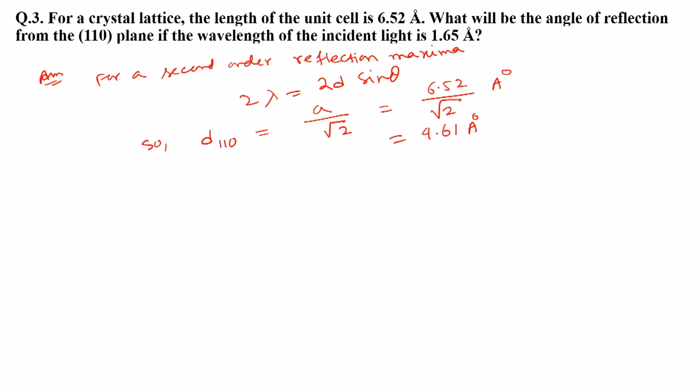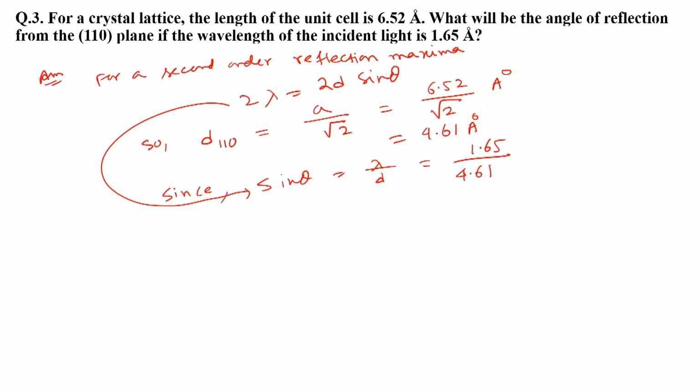Now we can calculate sin theta. We need to calculate theta, right? Because the angle of reflection is theta. Sin theta is lambda by d. The value of lambda is given, 1.65, and the value of d is 4.61. If we calculate this, we get 0.358.